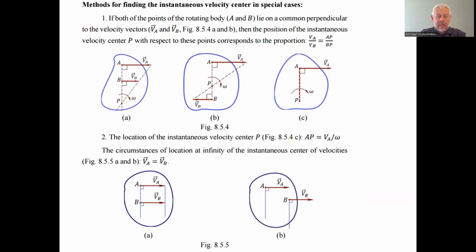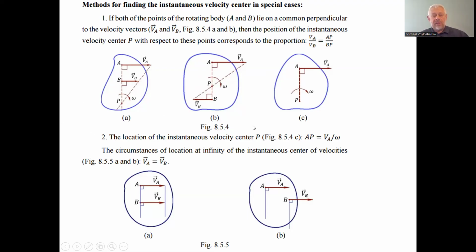The properties. The first is that both points of the rotating body, A and B, lie on the common perpendicular to the velocities VA and VB. This is shown in figure 8.5.4a.